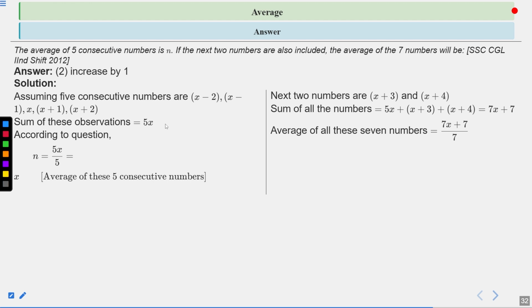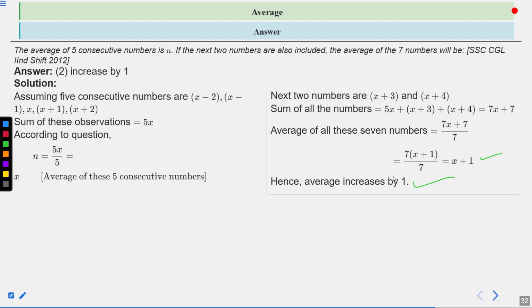We take 7 common, so 7 into x plus 1 upon 7. The 7 will cancel out, and we get x plus 1. Now we can clearly see that before, our average was x, and now the average becomes x plus 1. It means the average increased by 1. So the second is the correct answer of this question.